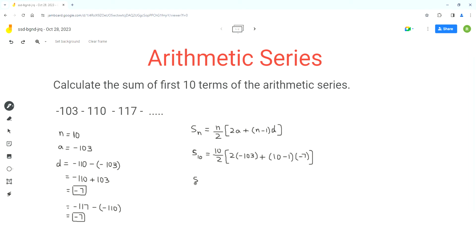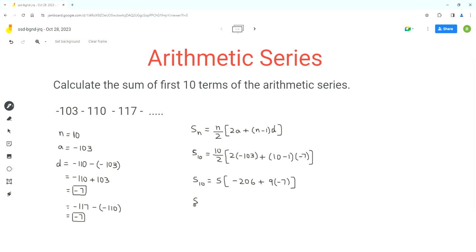We can do this calculation in steps. The first step is to divide 10 by 2, which is equal to 5. Now in the brackets, we can first multiply 2 and negative 103, which is equal to negative 206. And now we can do 10 minus 1 in the parentheses, which is 9, times negative 7.